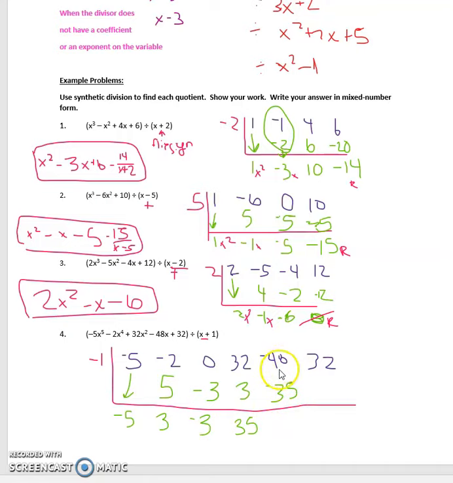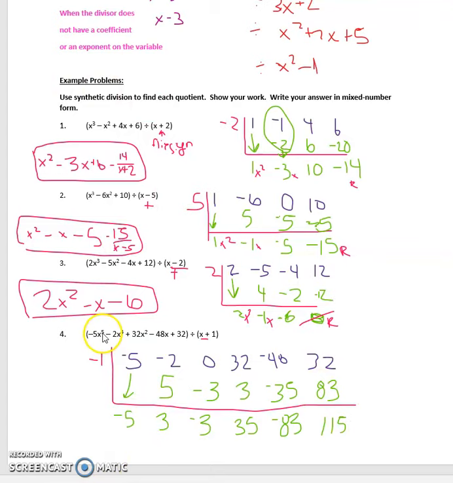These are both negative, so we combine them to make a larger negative. So 48 plus 35 is going to be negative 83. Going to be positive 83 now. And that equals 115.